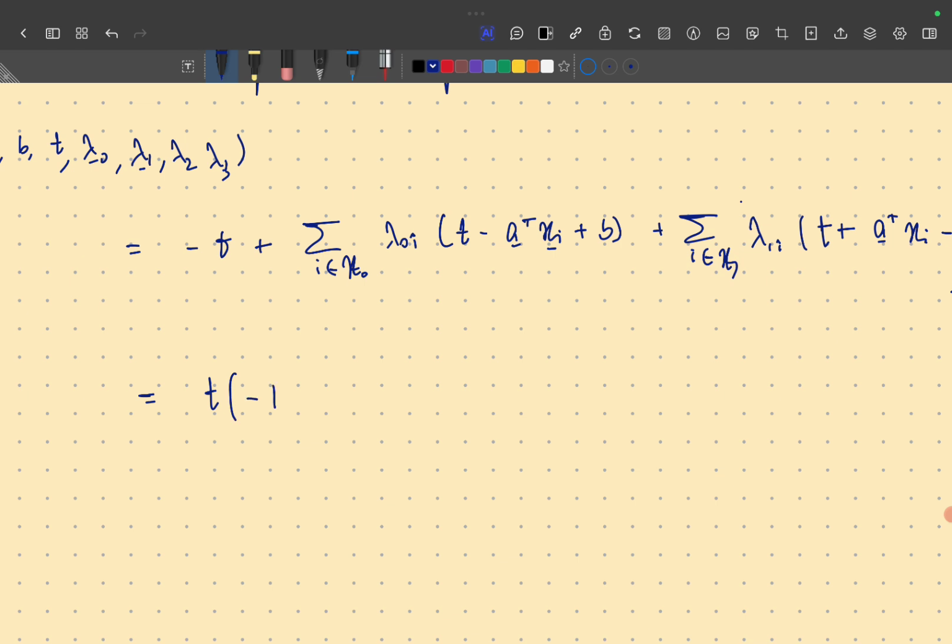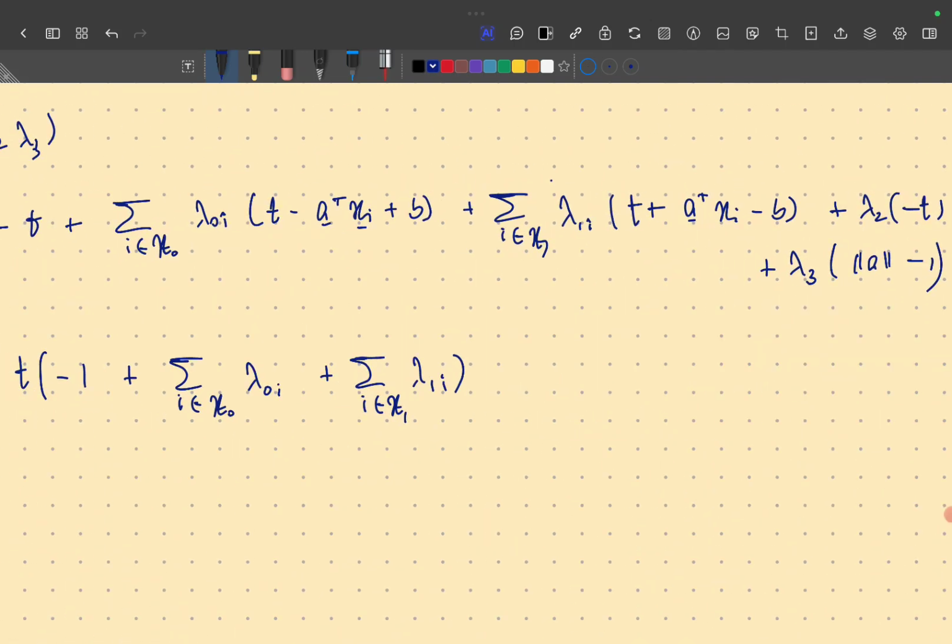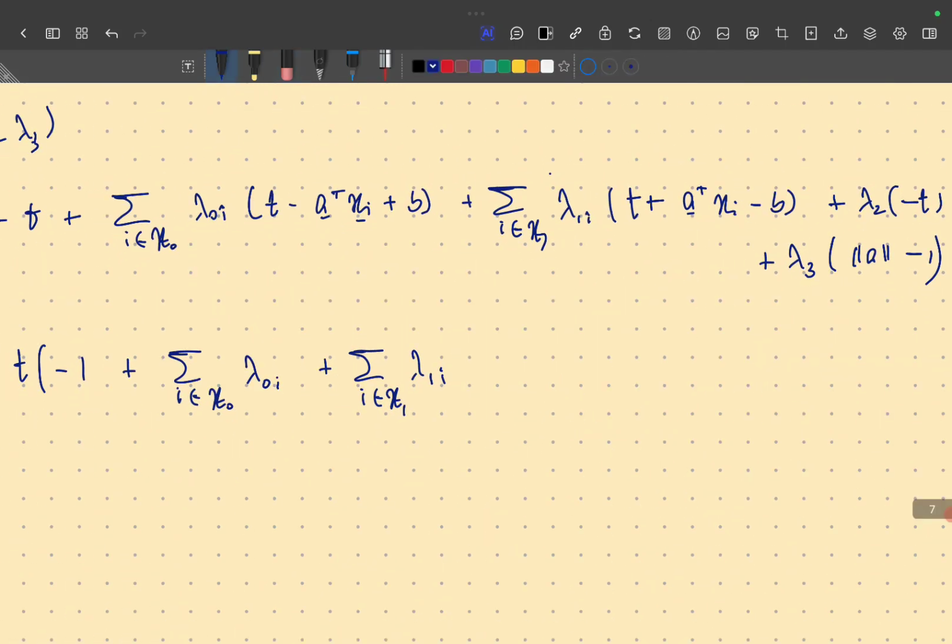So it is t times minus 1 plus the summation over i in x0 of lambda 0i plus the summation over all i in x1 of lambda 1i, minus lambda 2.